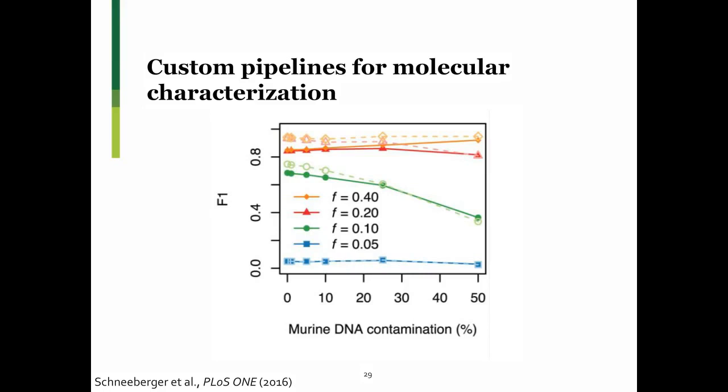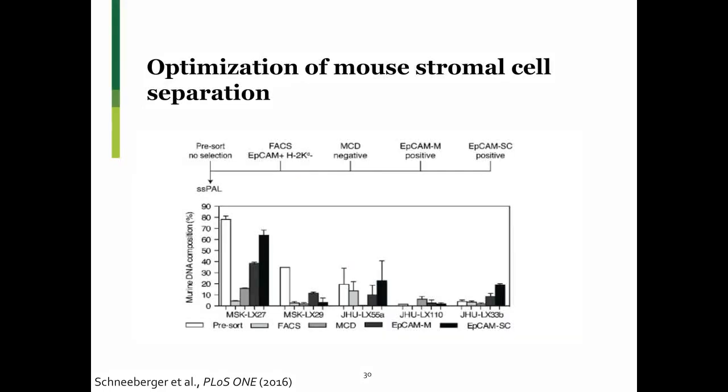So to mitigate this, we realized the only thing that we could really do here was to get rid of the mouse stroma. And so we decided to audition different techniques to be able to remove these cells.